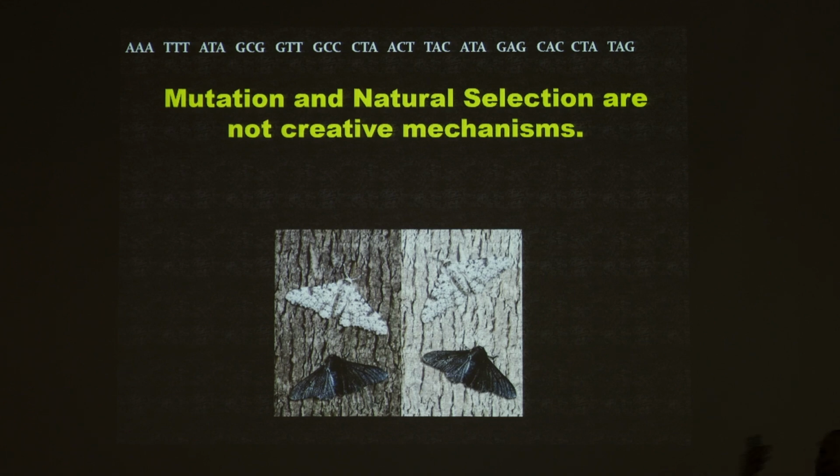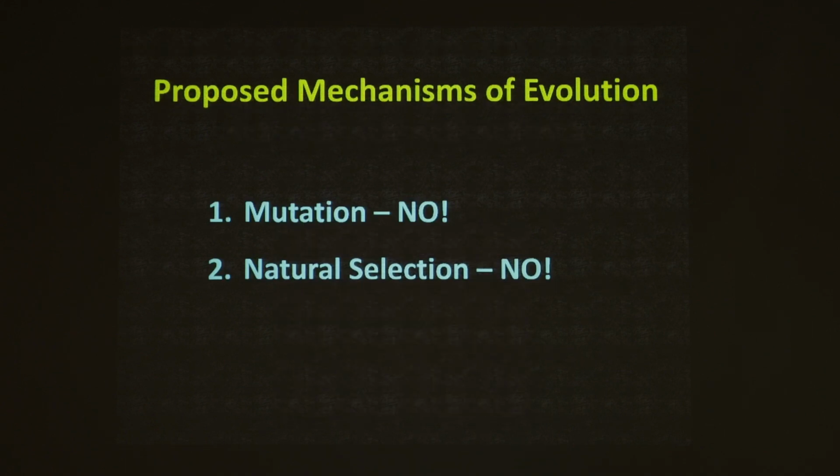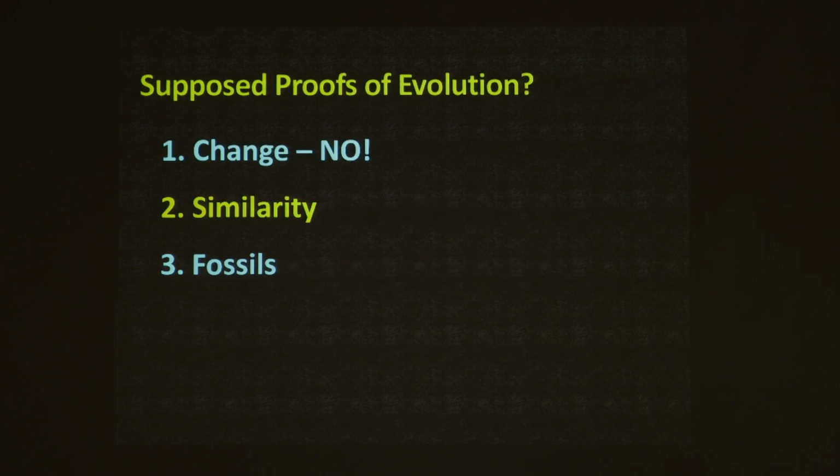We don't see them producing something truly new within creatures themselves, where they're becoming a new type of creature. So these proposed mechanisms of evolution, from what we observe and what we have experimented with, we see that no, they do not supposedly drive creatures to become something new, macroevolution. So this idea of change being proof of evolution, no, we don't see that.